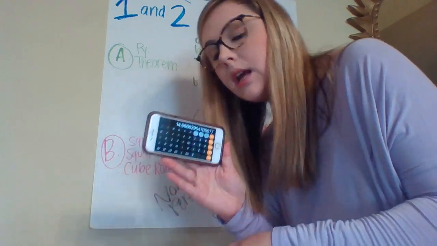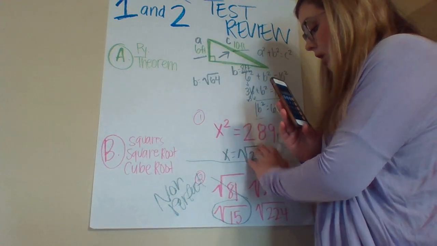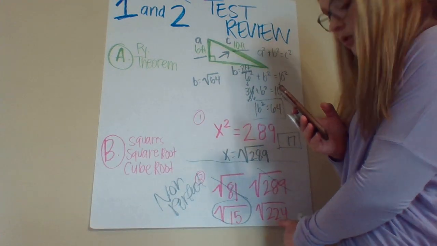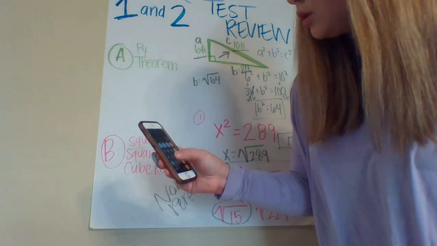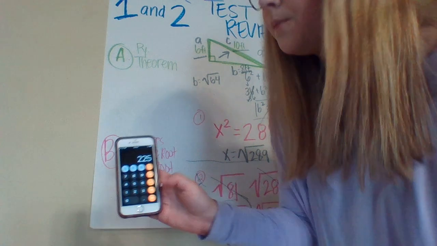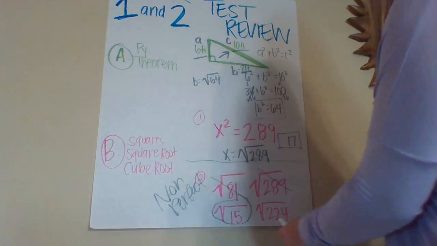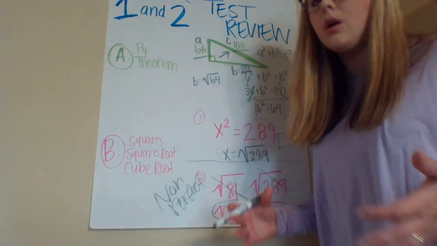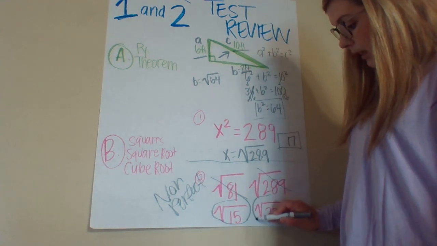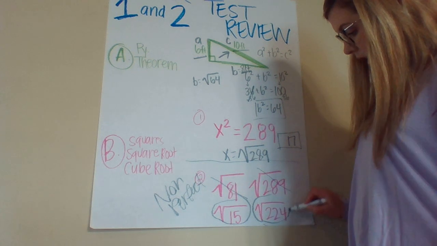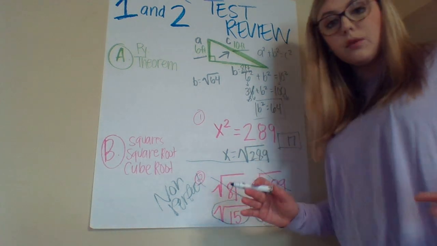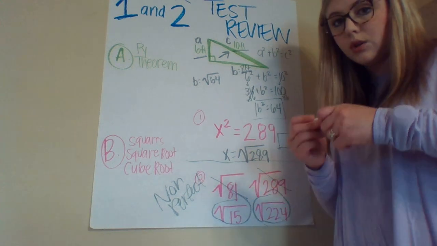And if I did 15 times 15, it's 225. So the square root of 224 is very close to 15, but not exact. So 224 is a non-perfect square, and those would be the two I selected. If it had asked for perfect squares, of course, I would have selected these two.